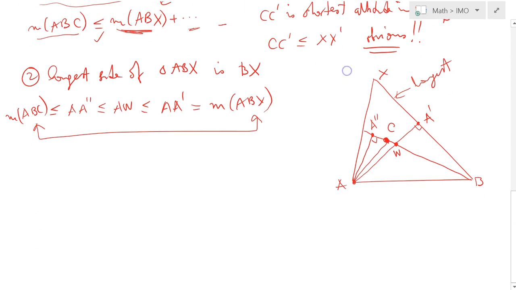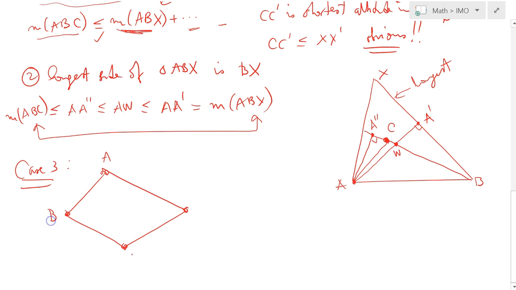Now the final case, case 3. What happens if, like we did earlier, we have a convex quadrilateral where the four points A, B, C, and X lie on the corners of that quadrilateral? Let's first draw the diagonals, and say they meet at the point X prime.